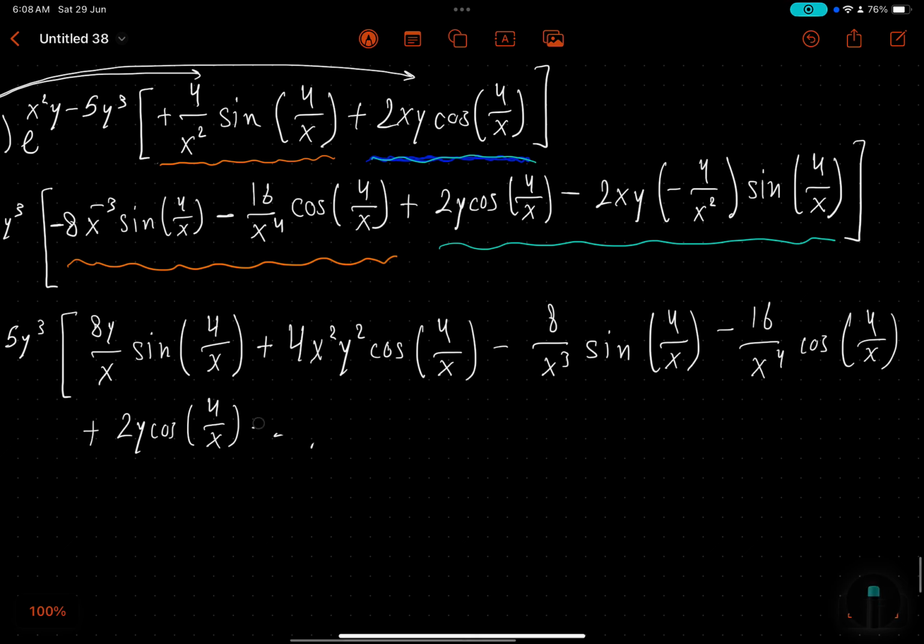Okay, this can be simplified to plus 8y over x sine of 4 over x.